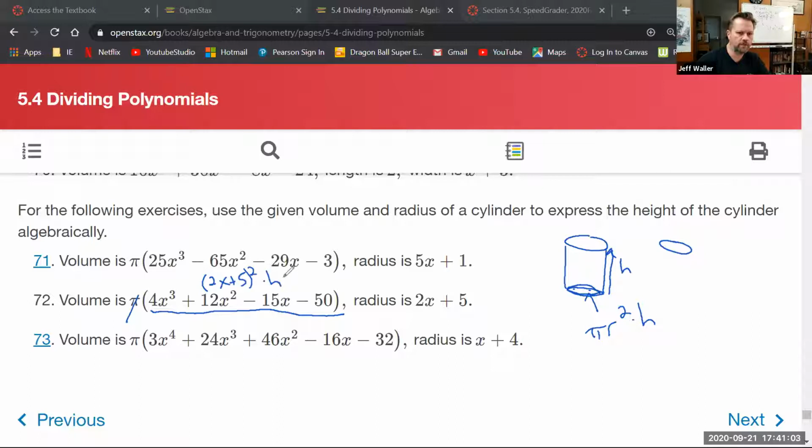All right, how are we doing? How's everybody doing? Is that all right? So what do I do with this knowledge that this is made up of 2x plus 5 squared times something? I'm trying to figure out what that something is. What could I do with this together with this? I got a chat. Yes, sure.